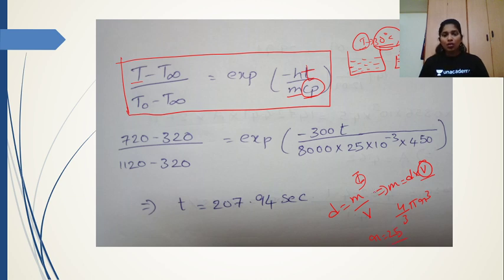So R will be 25, right? So from this, we can substitute: T minus T infinity, that is 720 minus 320, by 1120 minus 320, is equal to exponential of minus 300 into time by density into 4 by 3 pi r cube into 450. Sorry, I think I missed something.